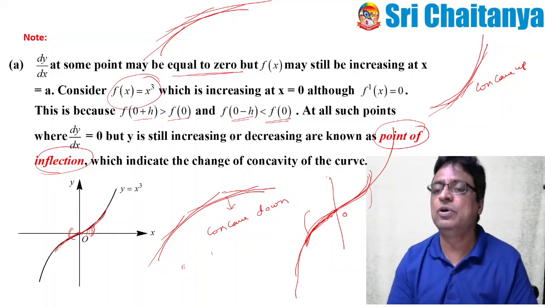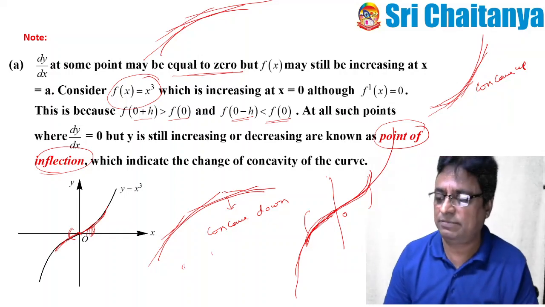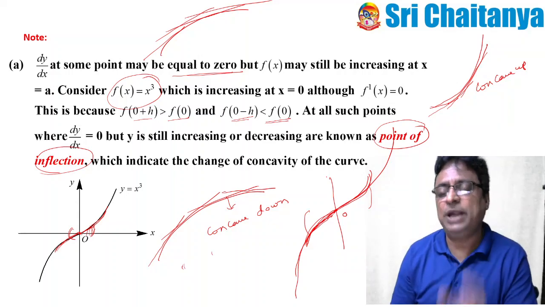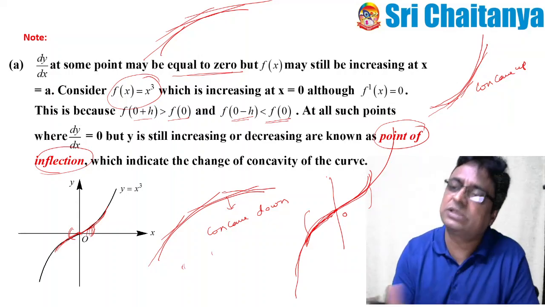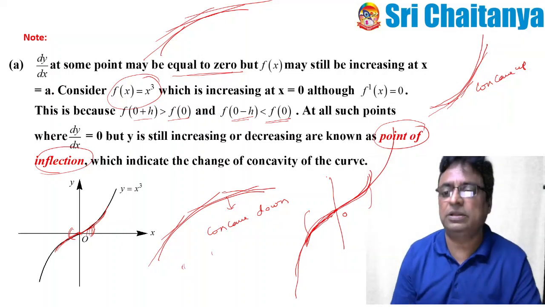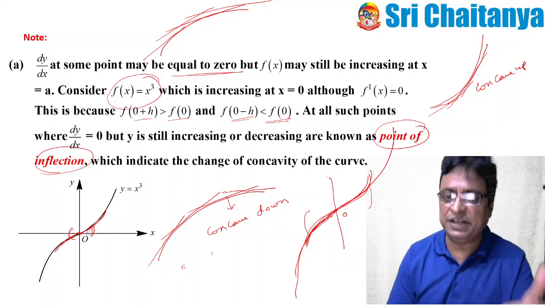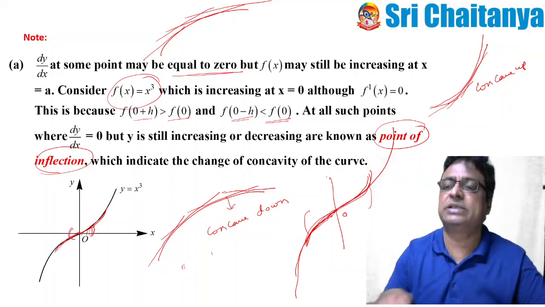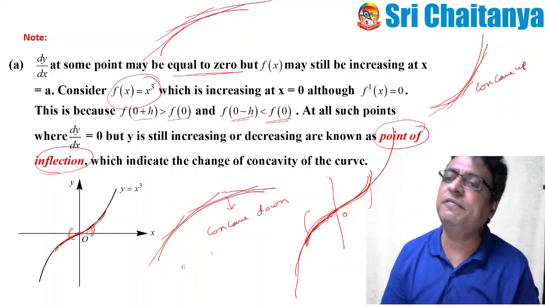This is also another important definition for point of inflection. Or I can say another way. In general, at a point on the curve, the tangent never crosses the curve. If at a point on the curve, the tangent crosses the curve, and if it is parallel to the x-axis, or the x-axis itself is the tangent, then the point is also called a point of inflection.